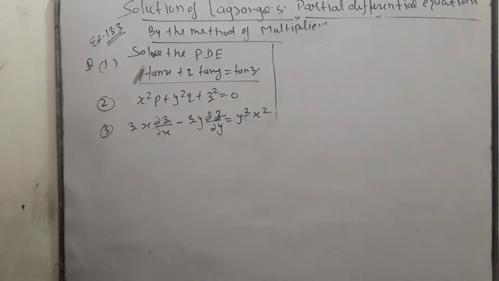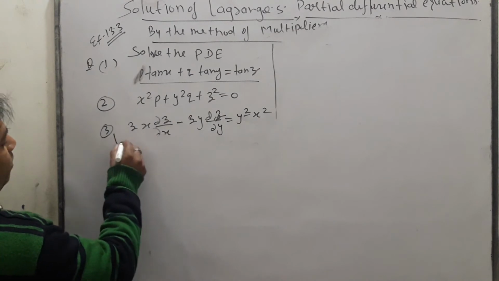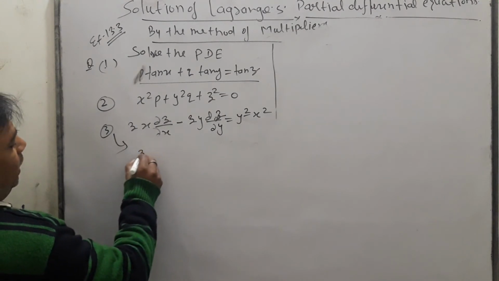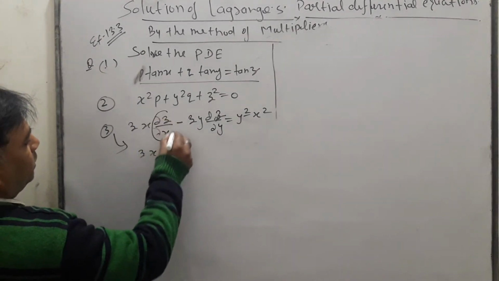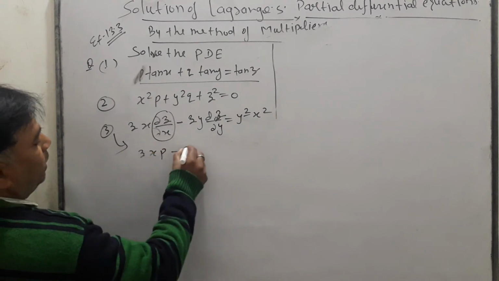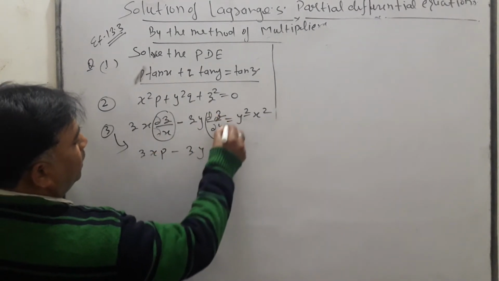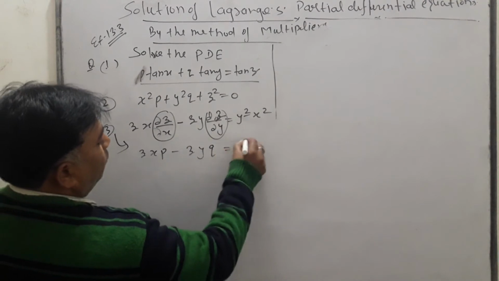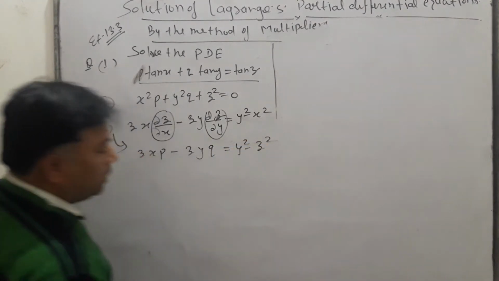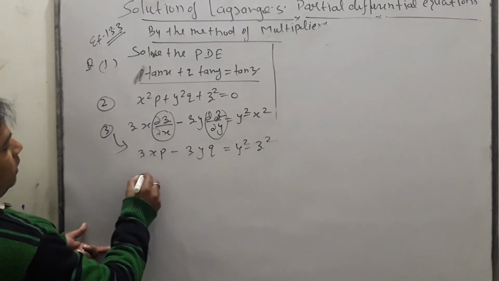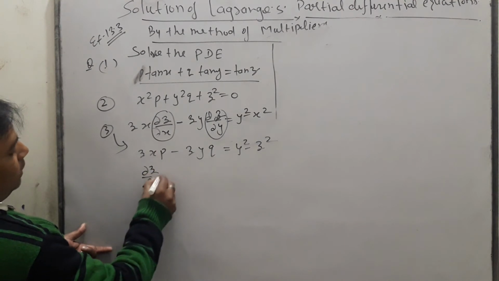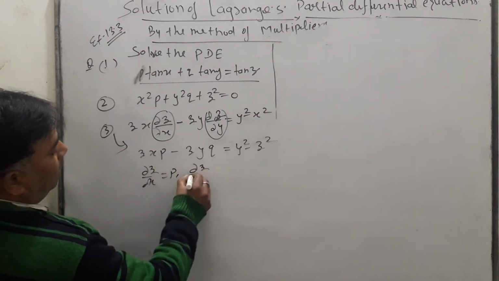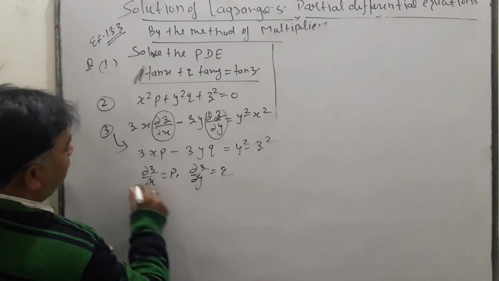And the last question: zx·p - zy·q = y² - z². You know that ∂z/∂x = p and ∂z/∂y = q.